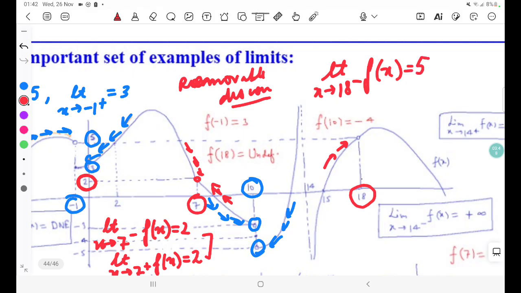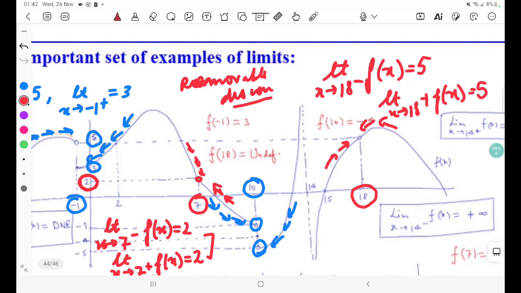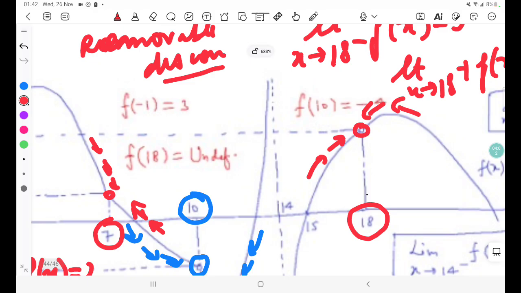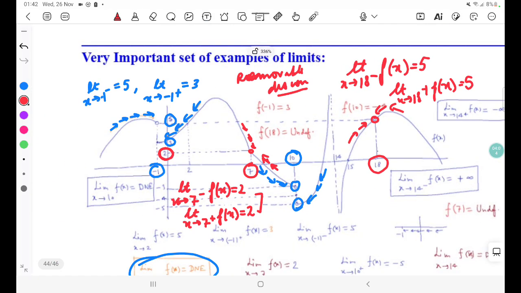And from the right hand side also, the function gives value 5. But there is this open circle which denotes that the actual value is not defined at 18. So the limit of the function exists but the actual value of the function is missing at x = 18.